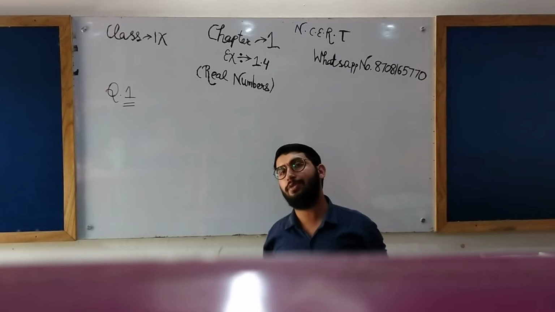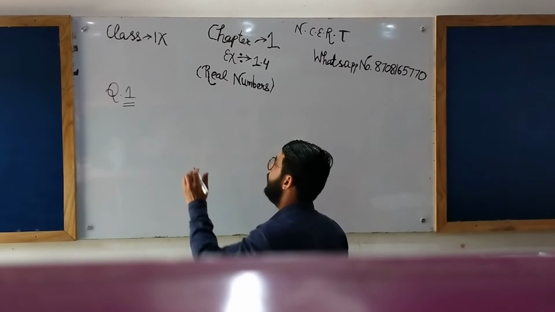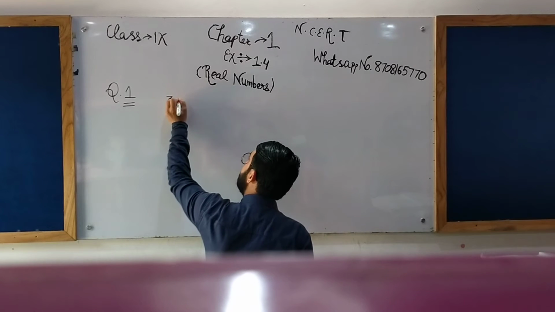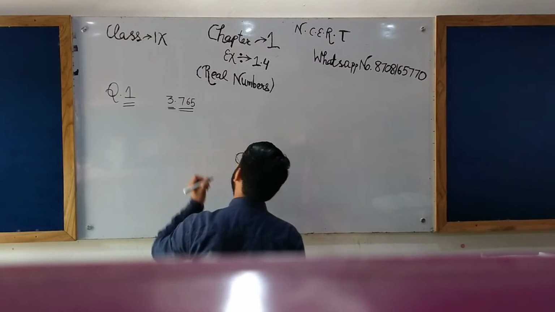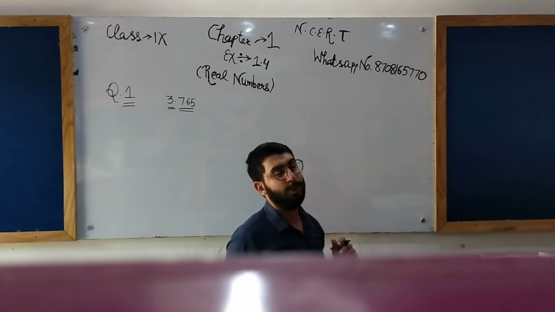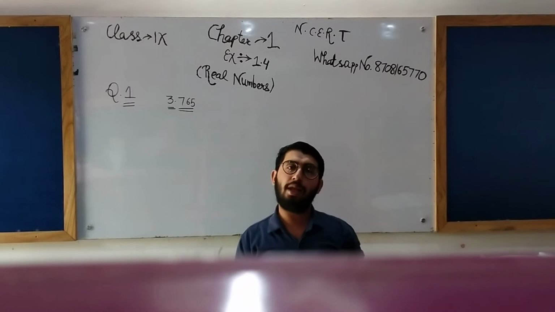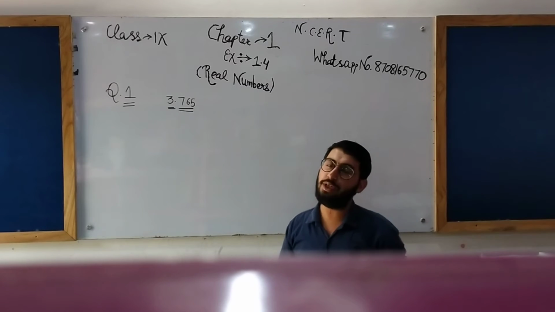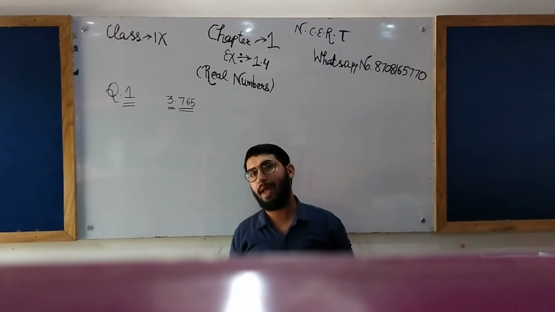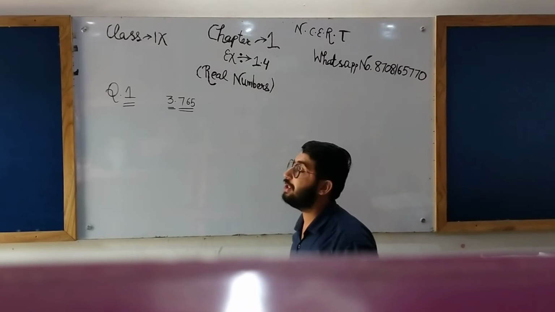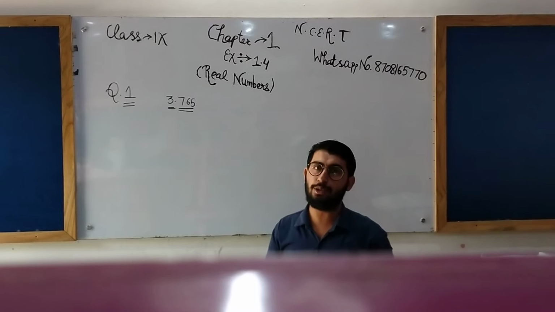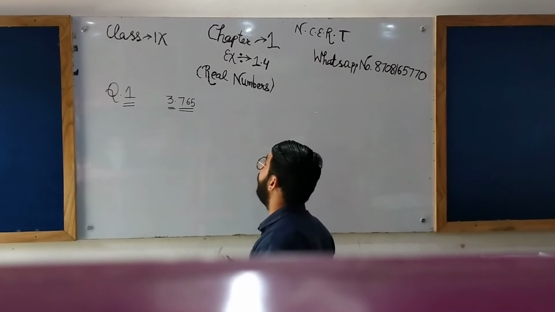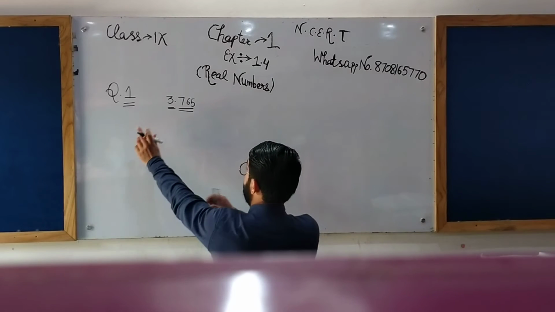We are to visualize 3.765 on the number line using successive magnification. For doing this question, keep a pencil and a scale in your hand. Now we are going to solve the question.